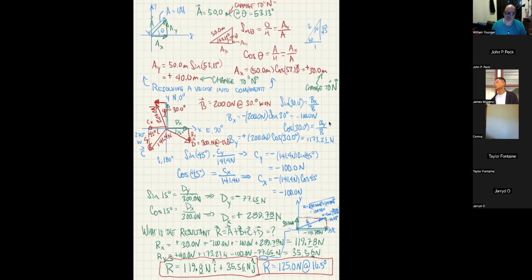If you go in one positive and one negative, then the one that was negative is the negative component, and the one that's positive is the positive component. So that's how you decide whether those components are positive or negative. You can imagine walking from the tail of the vector to the head, but you're only allowed to walk along an axis or parallel to an axis.